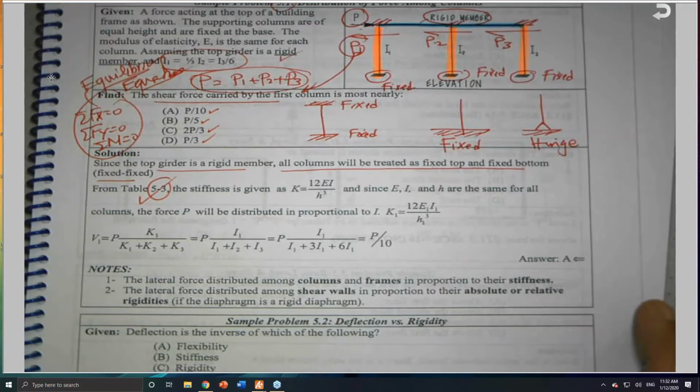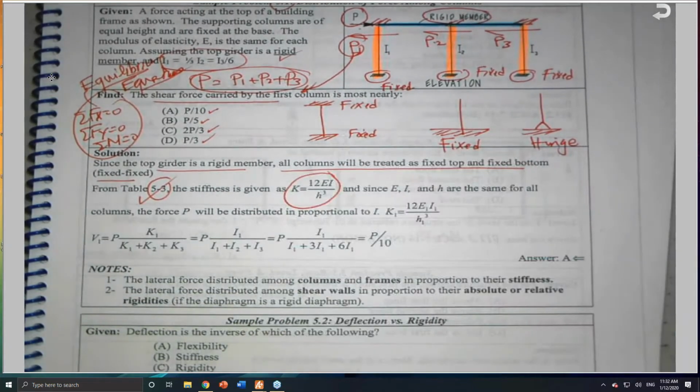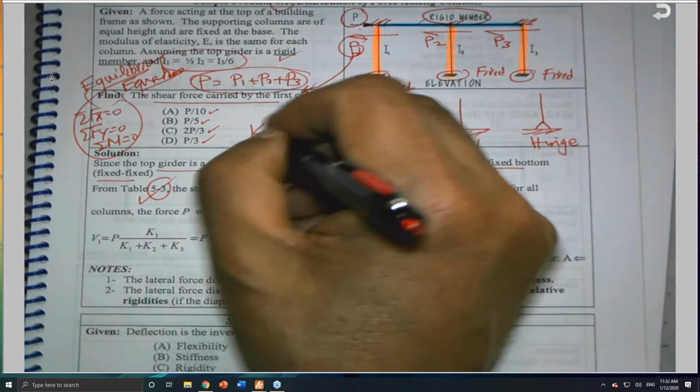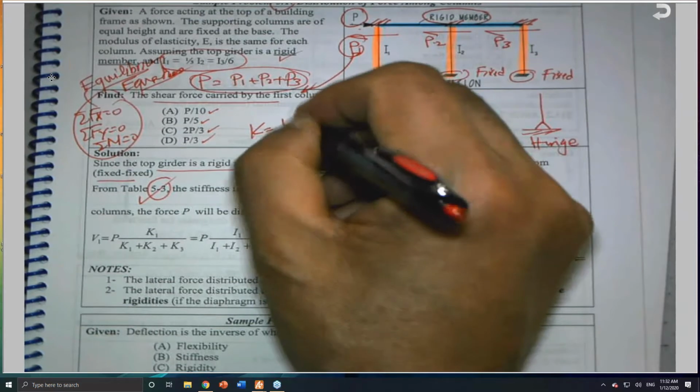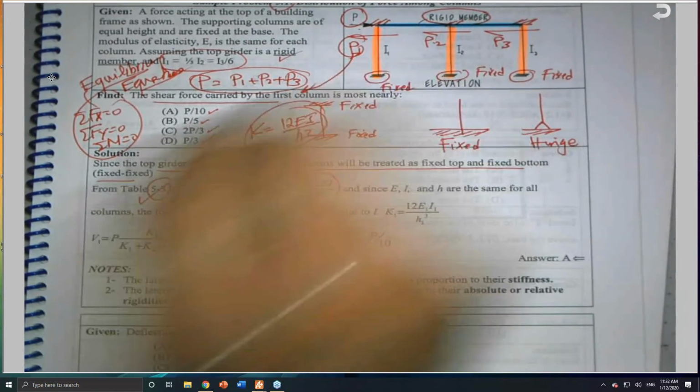The table that has a stiffness K, the landscape table. Did you find this? For a column that's fixed, you will find that the stiffness K is equal to 12 EI divided by H cubed. This is given in the table.